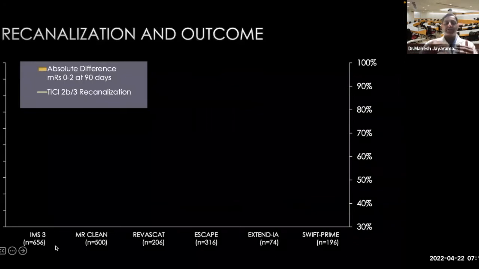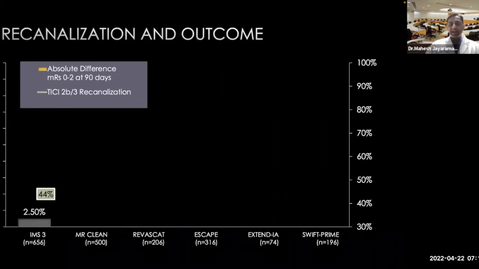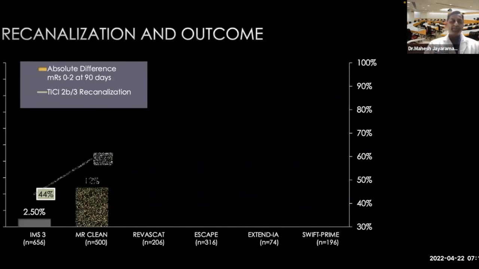It showed that endovascular treatment was no better than medical treatment alone. But if you look at it, the recanalization rate in that trial was only 44%. So you're putting patients through, you're randomizing, but you're actually only successful half the time.